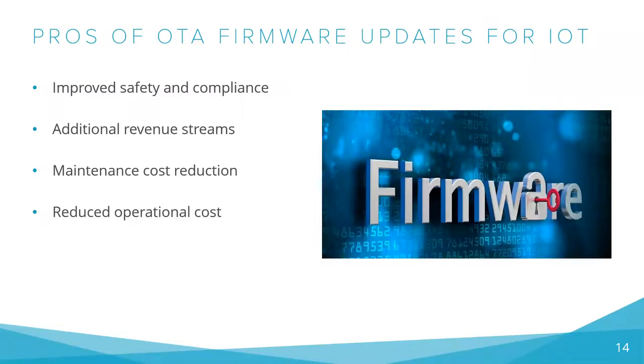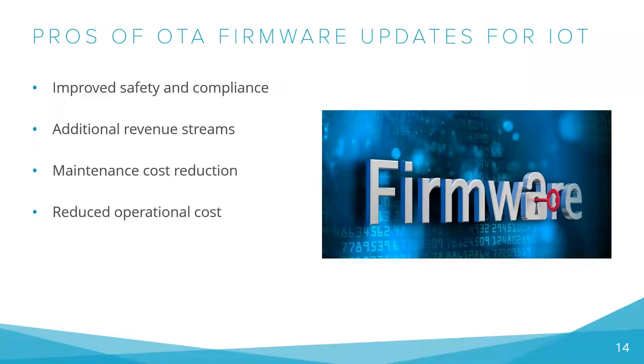By using OTA updates, the need for in-person maintenance is also eliminated, thereby cutting costs significantly and removing the need to provide a field engineer or service engineer. So this can again reduce your operational cost as well.